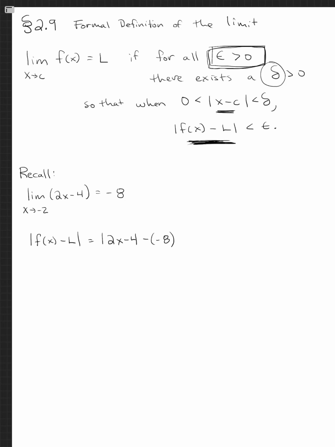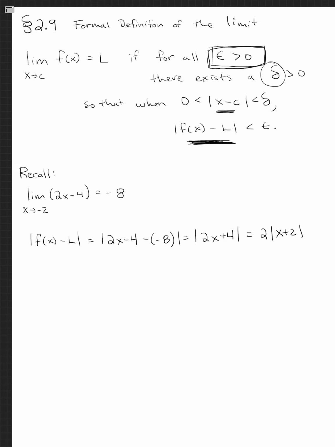And we did that by looking at f of x minus L, where f of x was 2x minus 4, and L was negative 8. So we simplified that to 2x plus 4, and we made this look like 2 times x plus 2, right?